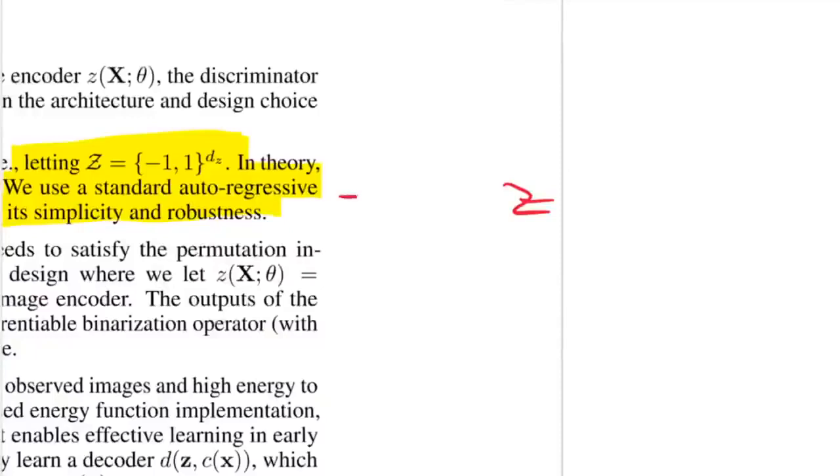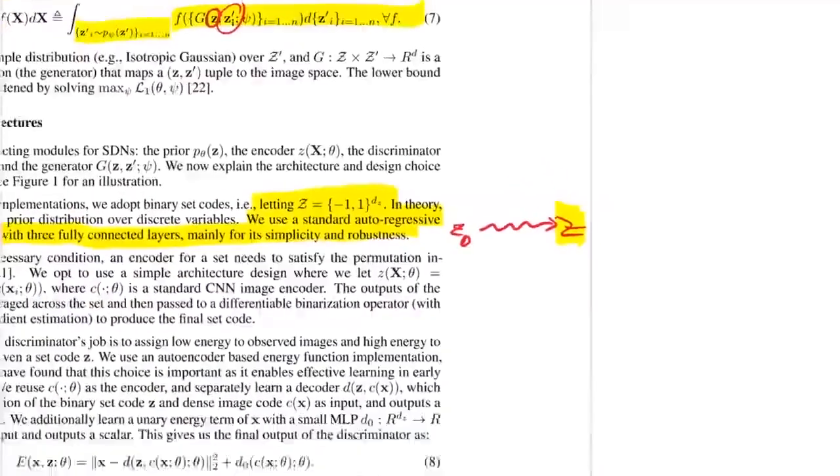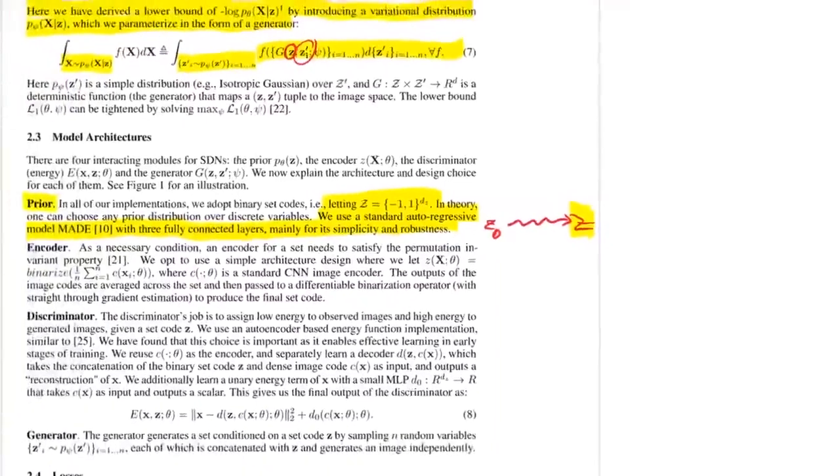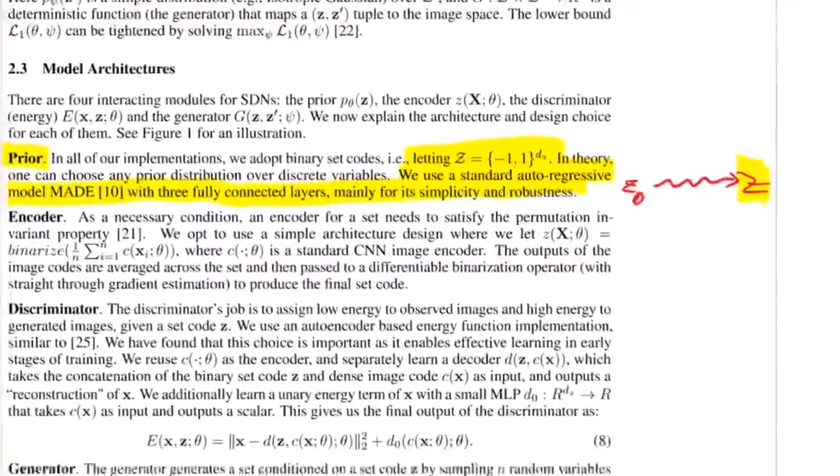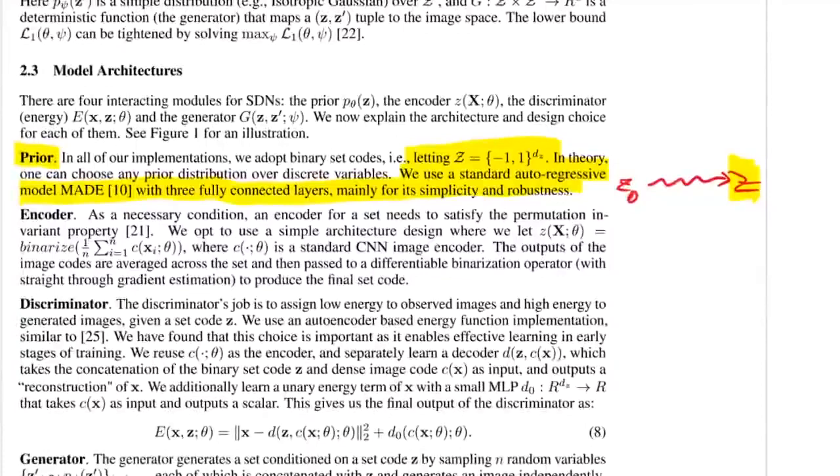So what you'll do is you'll have a Z0 right here, and then you'll learn a GAN to learn better input distributions. Okay, and this is what you do here with this prior on Z. This is more standard in VAEs than it is in GANs, but it exists. So the encoder, they say, as a necessary option, the encoder for a set needs to satisfy the permutation invariance property.